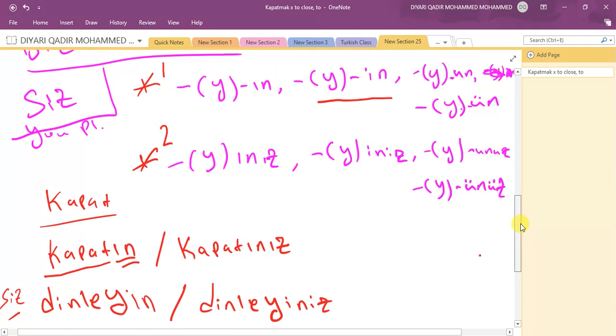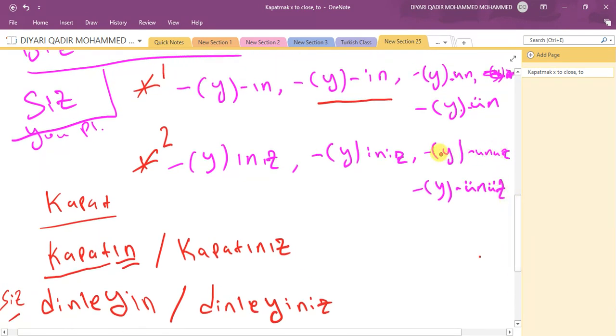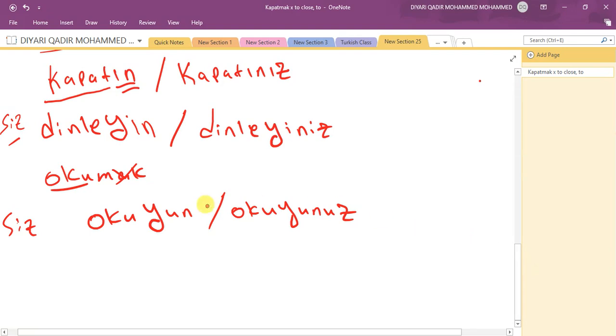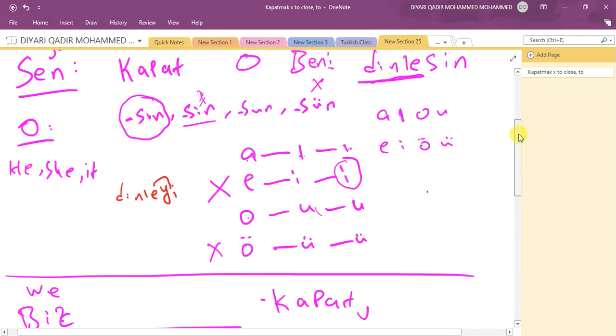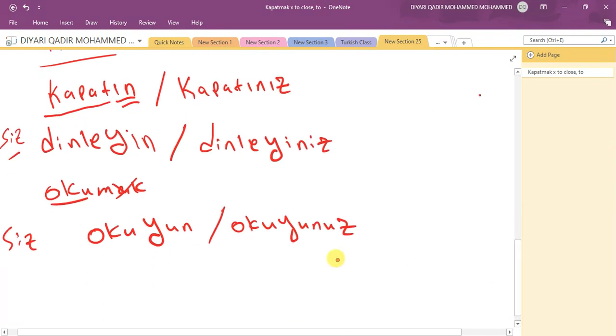Look, I use u, not the two dots. The reason is oku has u without dots. Okuyun, okuyunuz, both of them are the same. So you can make this format for all the other verbs.